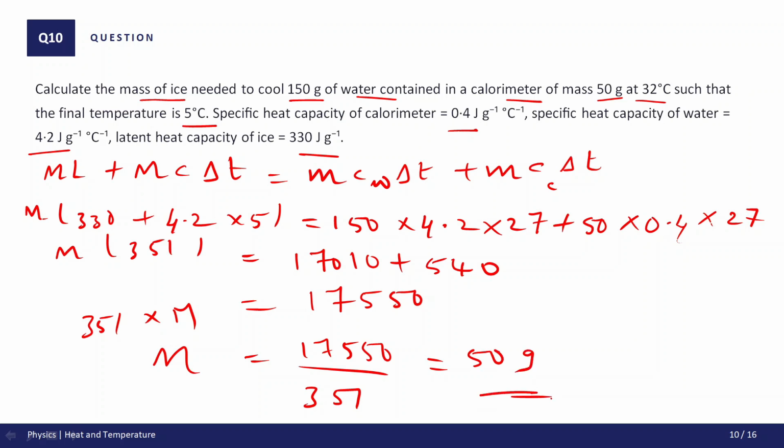So 50 gram of ice is added to 150 gram of water and 50 gram of calorimeter. So here the assumption is there is no loss of heat energy. In this class, we have done five problems from calorimeter.